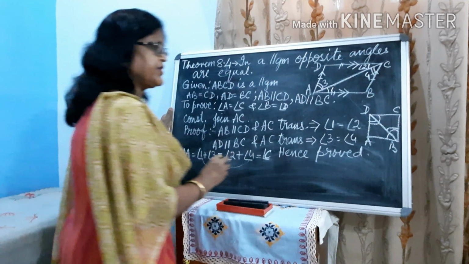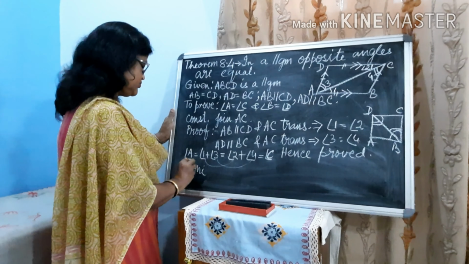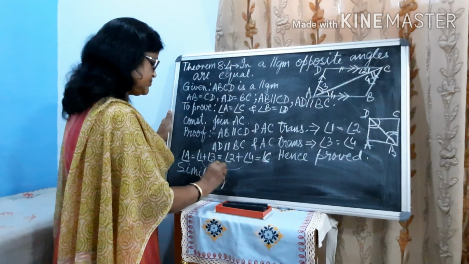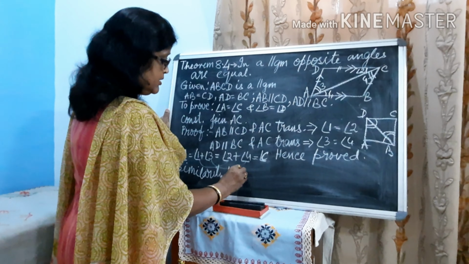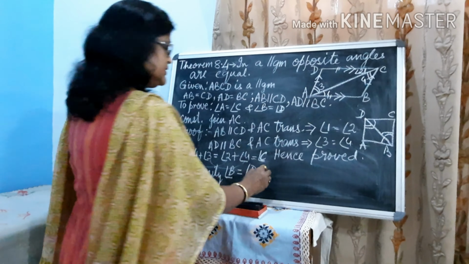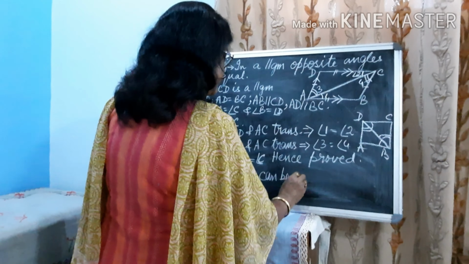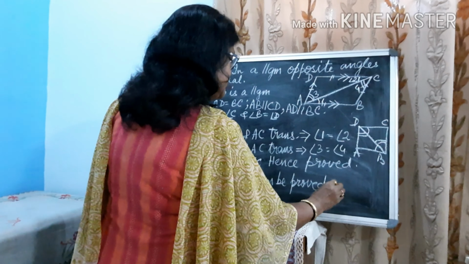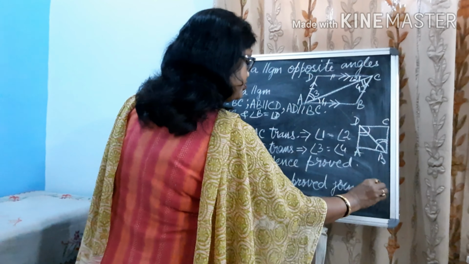We can simply write down similarly angle B equals angle D can be proved. Joining B D.